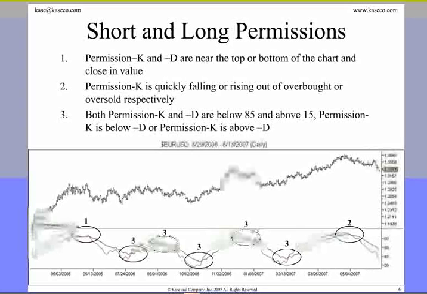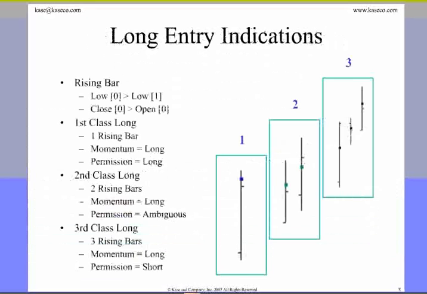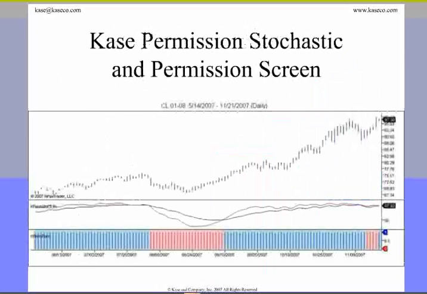This next chart on slide 7 shows the permission stochastic and another indicator called the Kase permission screen. The permission screen shows long permissions when it's blue and short permissions when it's pink or magenta.